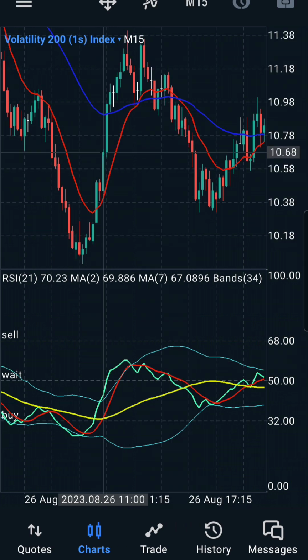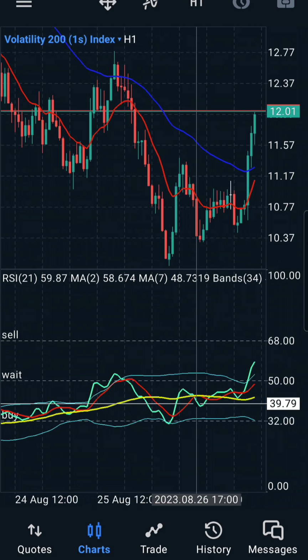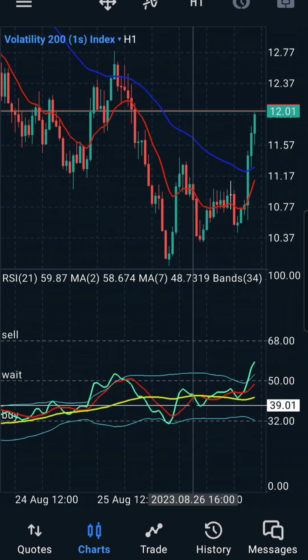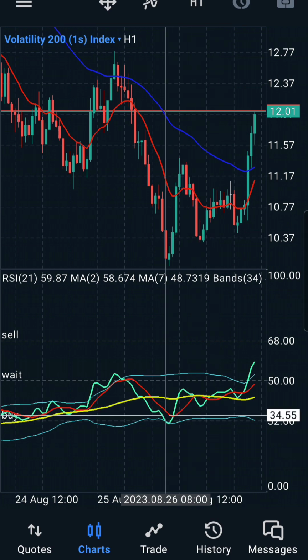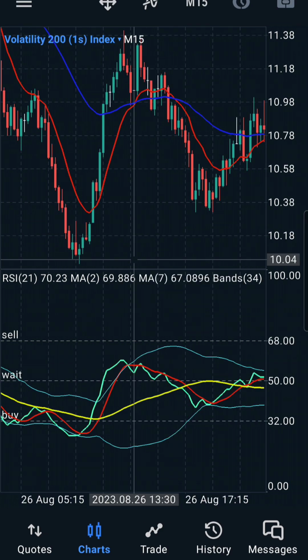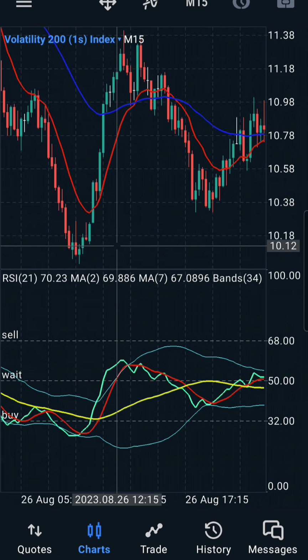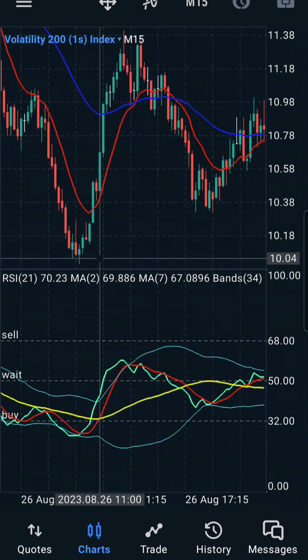Do you understand each other? So on H1, we're just looking at the TTI. So when you see a shark fin plus inside, you know that on M15, that's when you have got your M, right? And this is the M. So you know that this is an M. So when you saw the shark fin, you know that that was the first leg of the M15. You get it? I hope it makes sense.